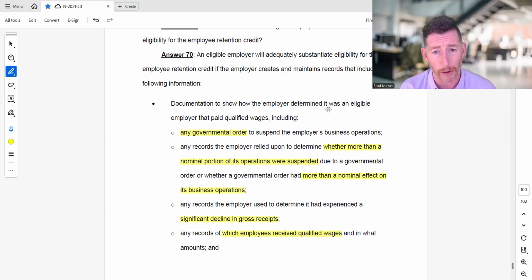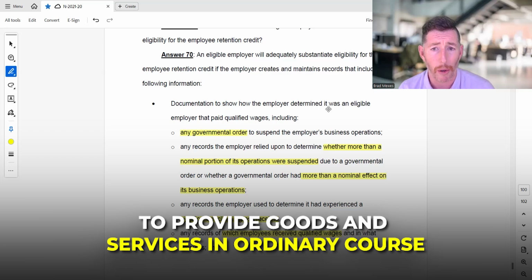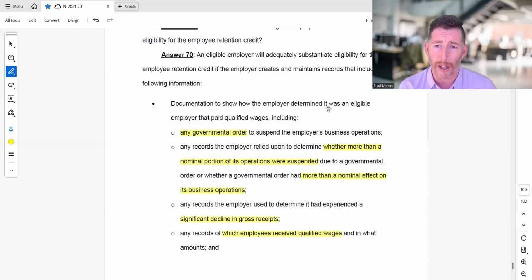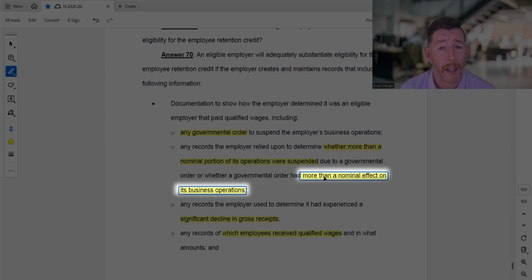Remember that a partial suspension is a government mandate that results in a reduction of an employer's ability to provide goods and services in the ordinary course. And so if we use ability and look at that effect, we might be able to make the same argument that a nominal effect would be a 10% impact on your operation. That's, I think, the most interesting part of number 70: the fact that we're talking about more than a nominal portion or more than a nominal effect on operations.